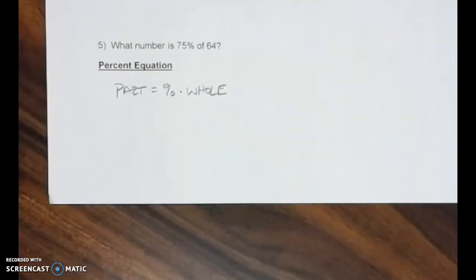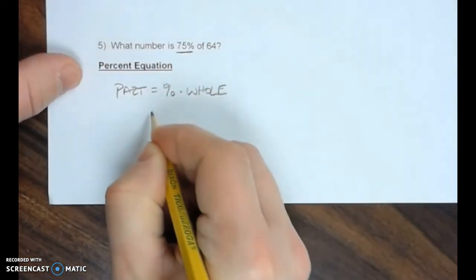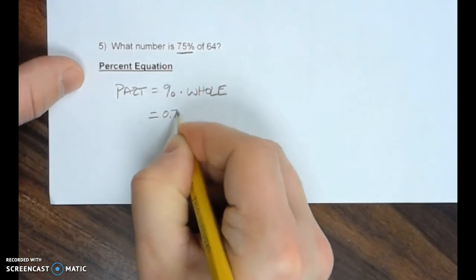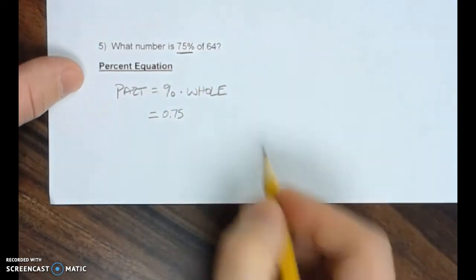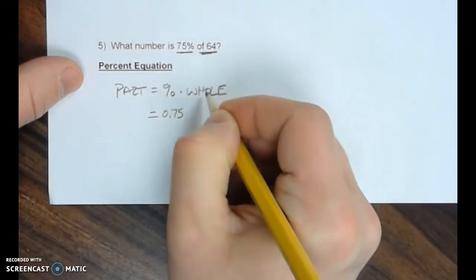In number 5, we're asked what number is 75% of 64? So we're going to use the keywords that we looked for before. Again, the rate is the easy part. That's your percentage. So in our equation, 75% is the decimal 75 hundredths. Of 64, the word of is always attached to the whole value.